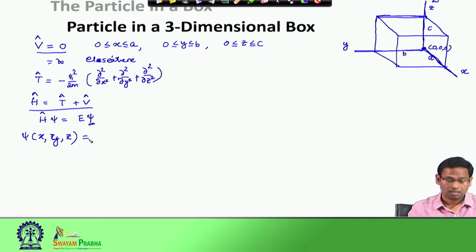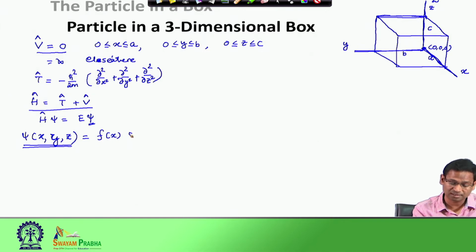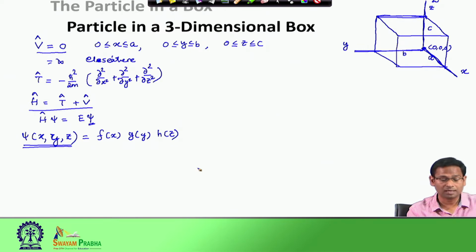We are going to express this final wave function in terms of three functions, f of x, g of y, h of z. What we have done here is use the so-called separation of variables technique.